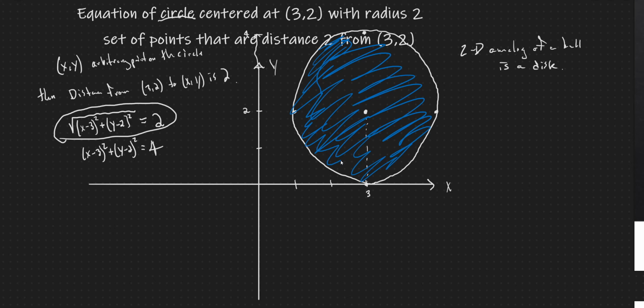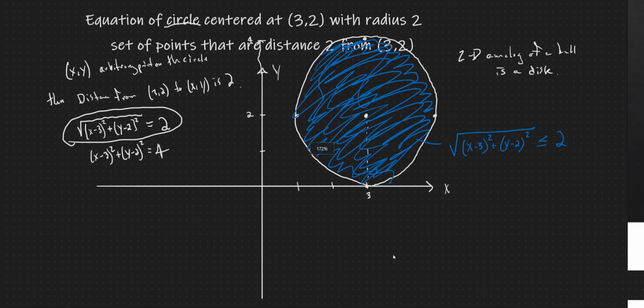If I want all of those points, so that's now a 2D object sitting inside of 2 dimensions, I don't want equal to 2. I want anything that's at most distance 2. And so instead, the equation of the disk would be the square root of (x minus 3) squared plus (y minus 2) squared less than or equal to 2, which would give me this disk.